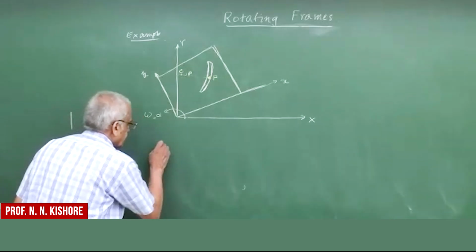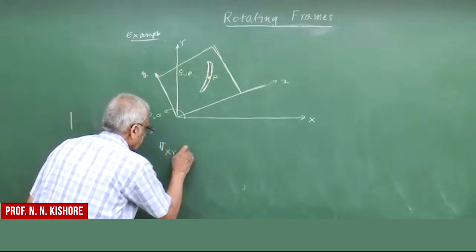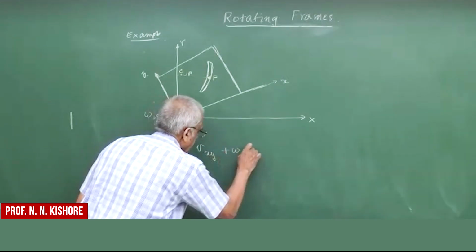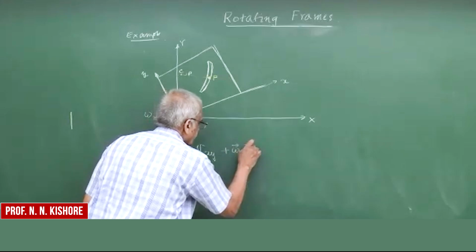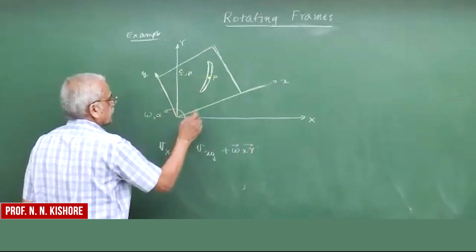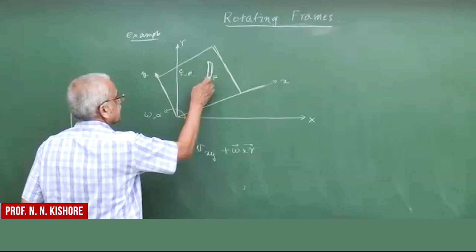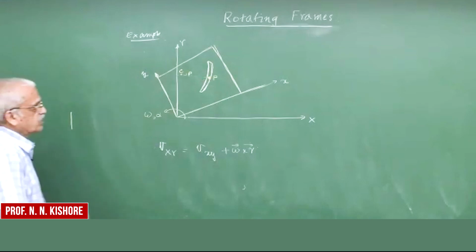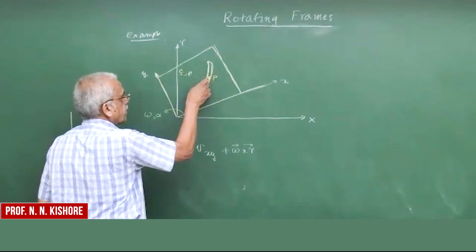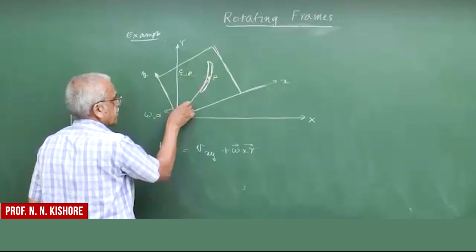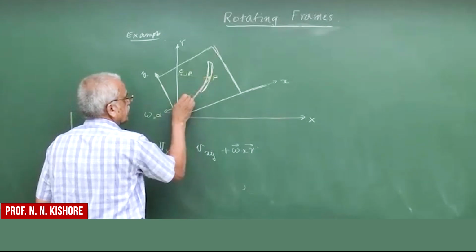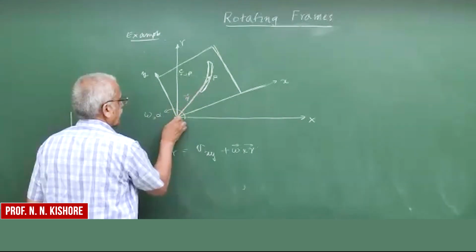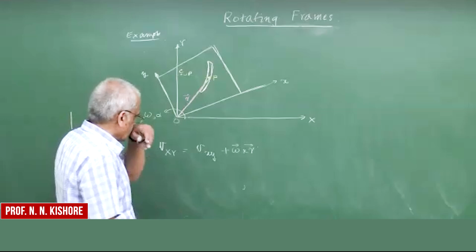So for the velocity relationship, let's say this is your R, from O to P is R. So let's try to understand these things.